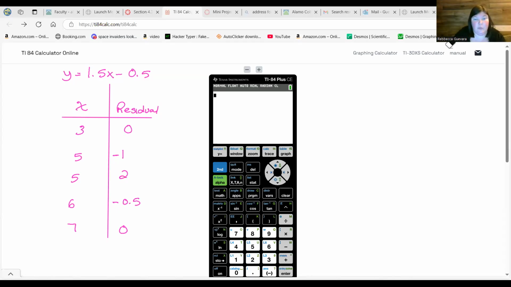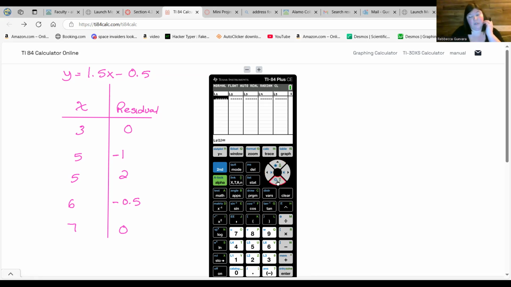Okay, so if we want to make my residual plot, actually, let's just clear all this out for right now. I'm going to put my x values in. So we had 3, 5, 5, 6, and 7.